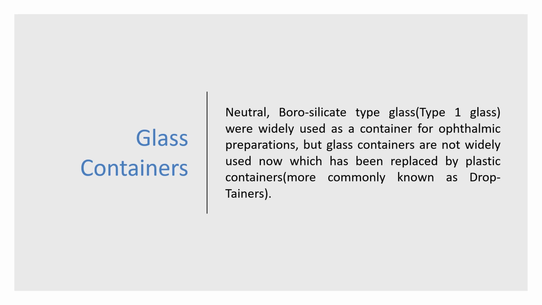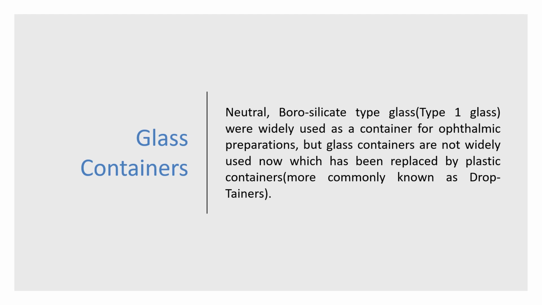Now, as I've told earlier, apart from the plastic products, glass containers were also used. Glass containers are of four basic types. When we talk about the packaging of ophthalmic products, neutral borosilicate type 1 glass is widely used as a packaging for the ophthalmic preparations.